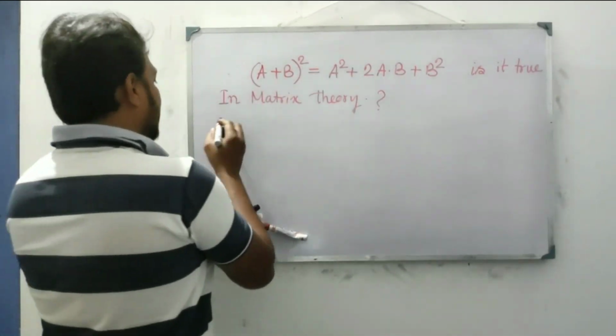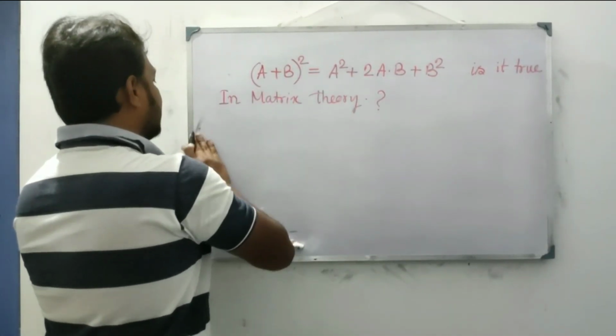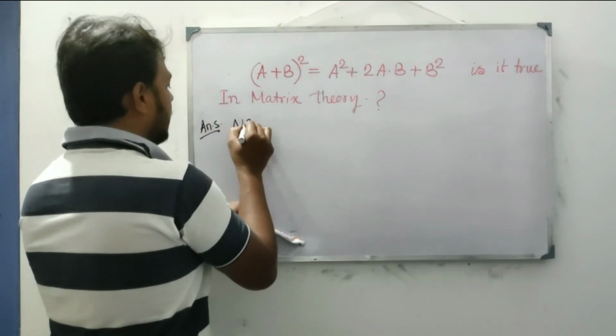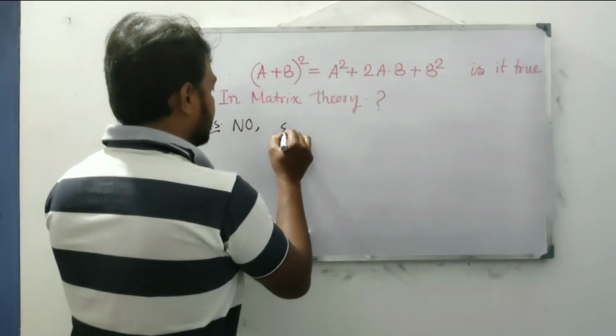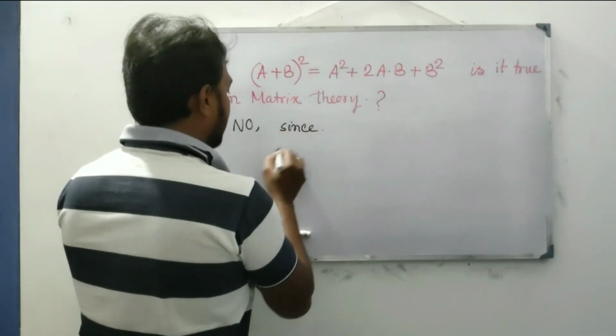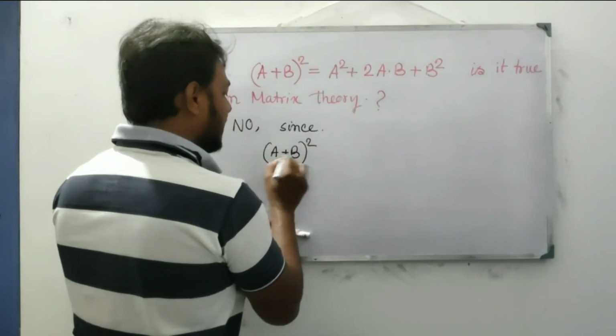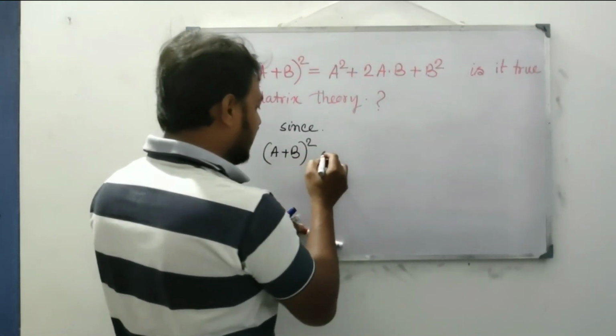Actually, A plus B whole square, if A is a matrix and B is a matrix, then A plus B itself is a matrix.